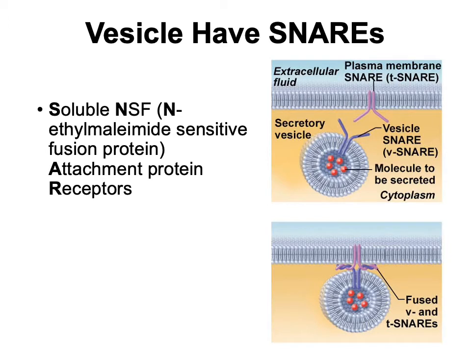I talked a little bit about this in the beginning of the course when we covered membrane transport. So I'm just reminding you here that vesicles have SNAREs, and so does the cell membrane of the presynaptic neuron that's going to be releasing the neurotransmitters into the synaptic cleft.